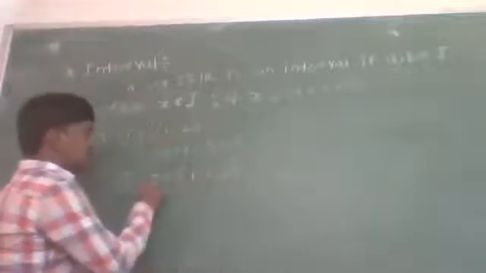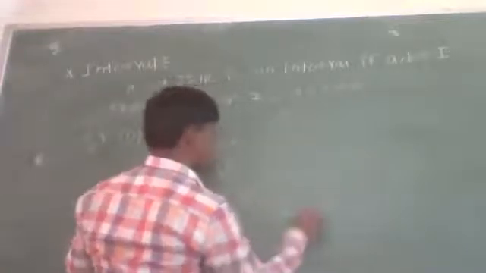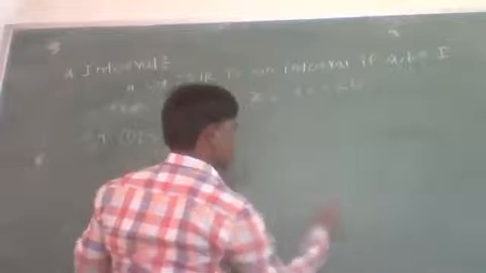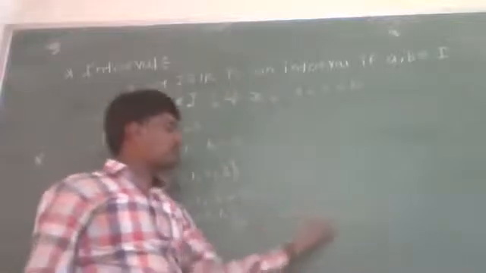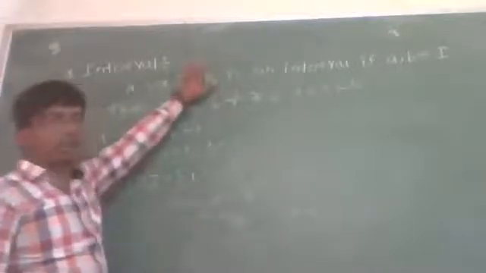Now we have to check whether this I is an interval or not. Here A equals 1 and B equals 3. Between these two numbers, suppose X is equal to 1.2. 1.2 lies between 1 and 3, but 1.2 is not a member of this set. So by the definition, this set I is not an interval.